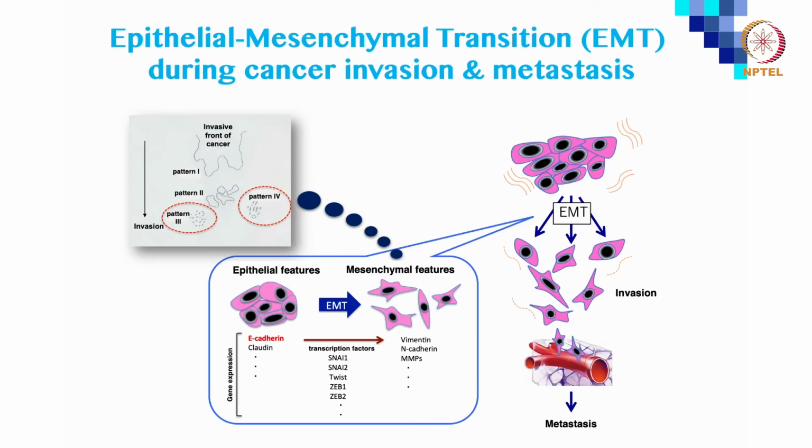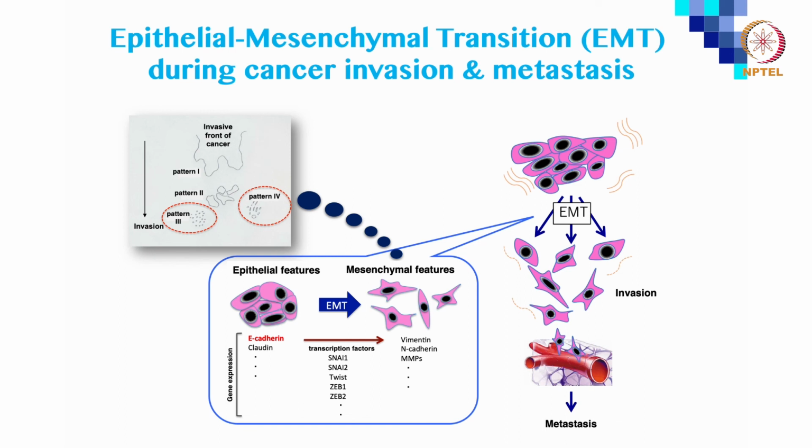The ability to metastasize is a key hallmark of cancer progression, and this ability can be achieved by acquiring EMT features. EMT is a biological process in which epithelial cells lose their epithelial features and gain mesenchymal features.